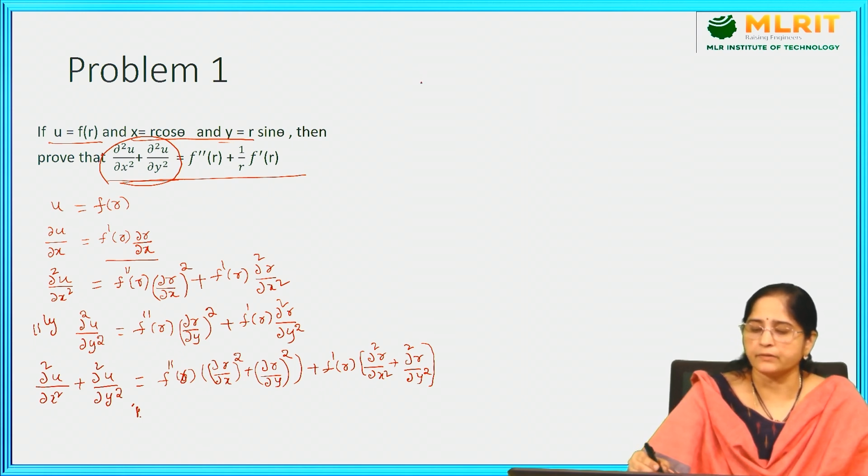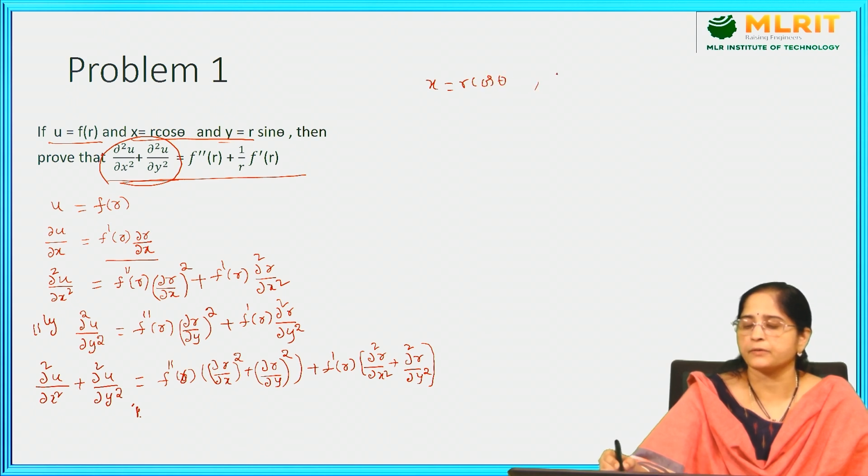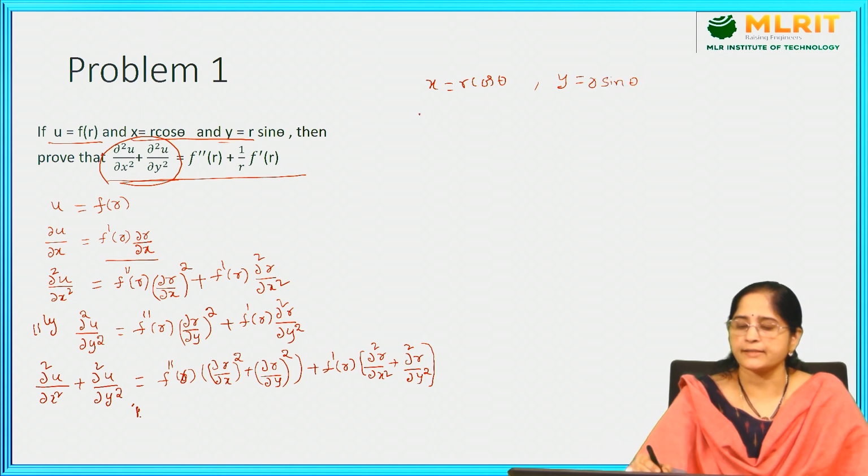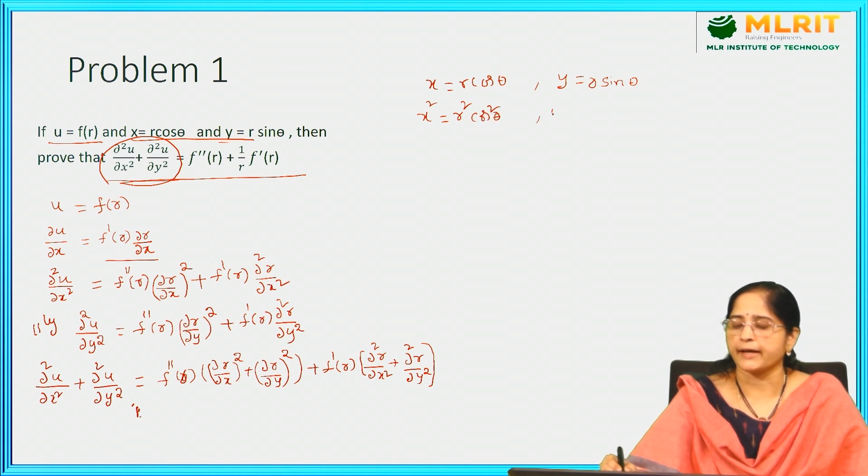So x square equal to r square cos square theta and y square equal to r square sin square theta.